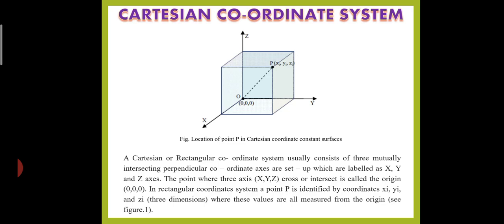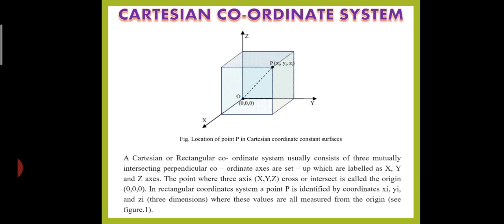In this figure, in a 3-dimensional space, a point P can be identified as the intersection of three surfaces. When the surfaces intersect perpendicularly, we have an orthogonal coordinate system. The point P (x_i, y_i, z_i) is located at the intersection of three constant surfaces, where x is equal to constant, y is equal to constant, z is equal to constant, and all three are planar surfaces.